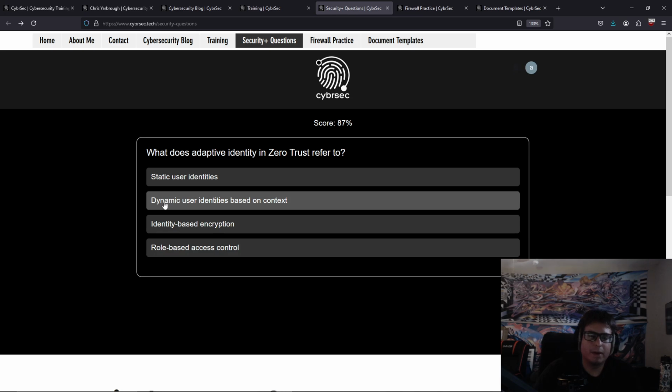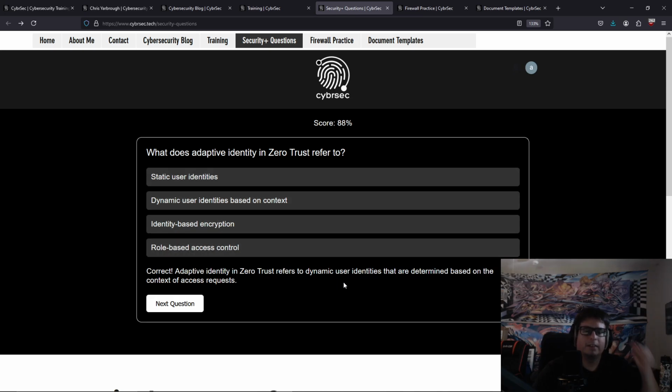Maybe dynamic because that is adaptive. Not encryption. Maybe this one. Correct. Dynamic users. Adaptive identity in zero trust refers to dynamic user identities that are determined based on the context of access requests.